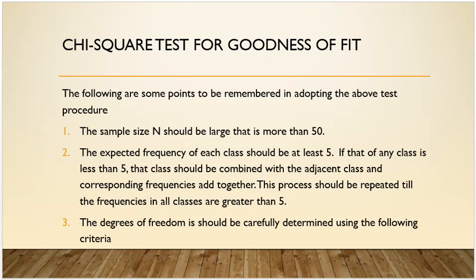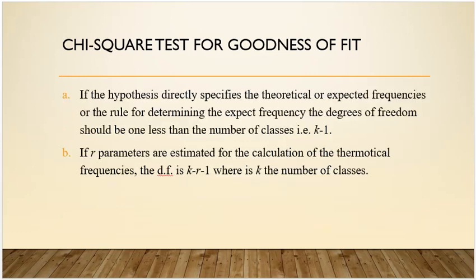The degrees of freedom should be carefully determined by the criteria. If the hypothesis directly fits the theoretical or expected frequency, and you are not going to estimate any parameters, then the degrees of freedom is k minus 1.